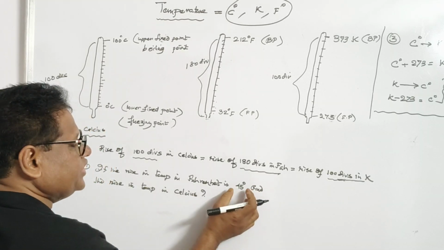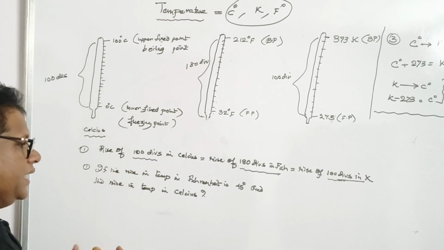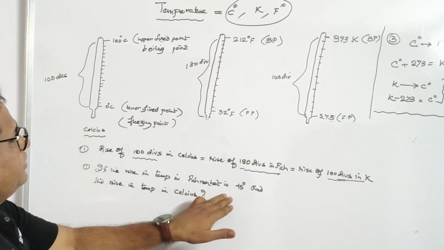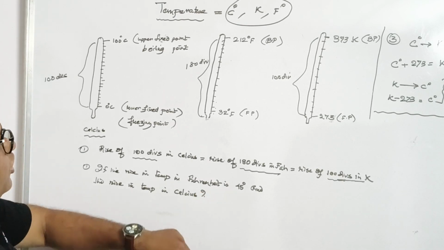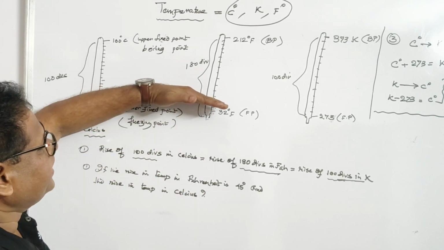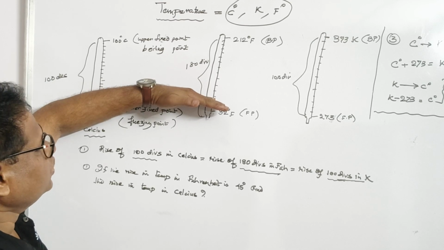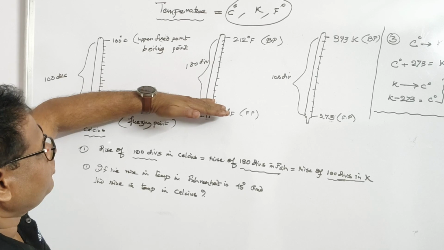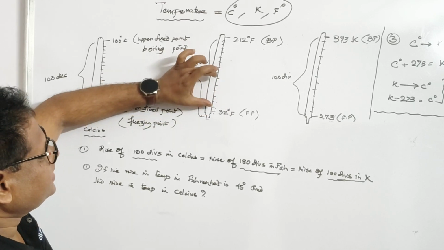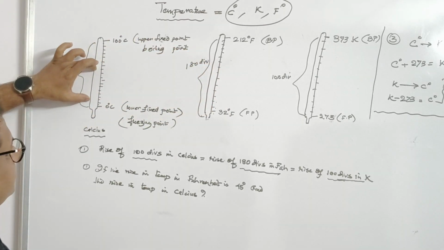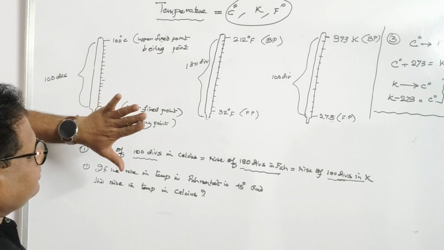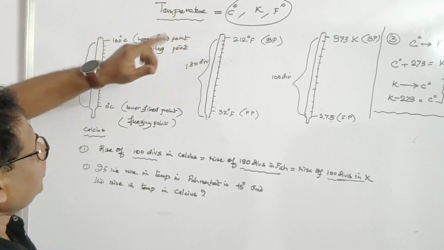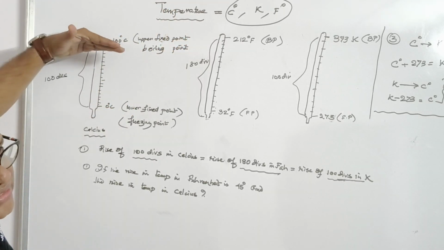Remember, this is not the temperature of a body, it is the rise in temperature. Suppose the rise is from 20 to 30, that is 10 degrees. So we have taken that the rise in temperature in Fahrenheit is 45 degrees, and you want to find the rise in Celsius.